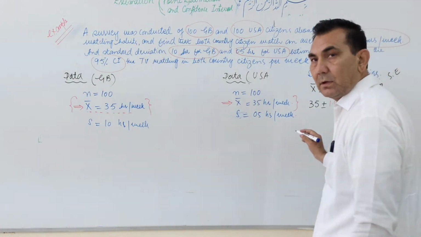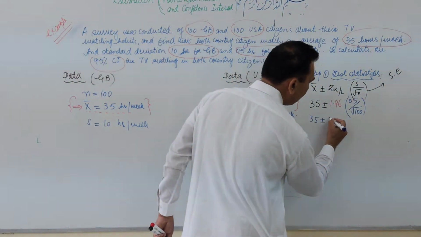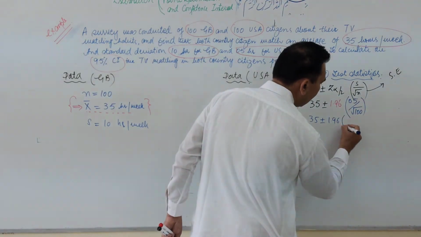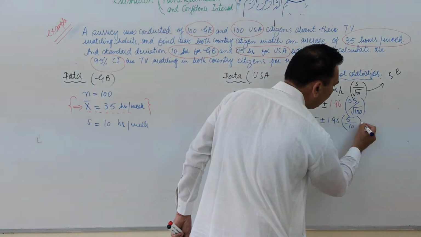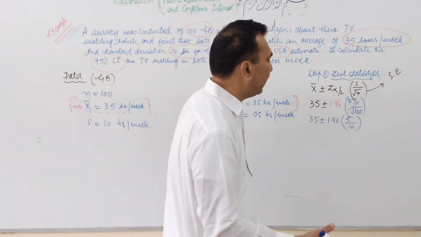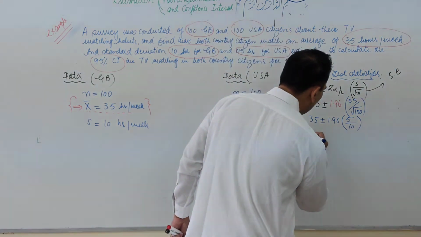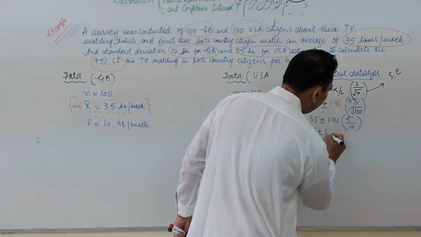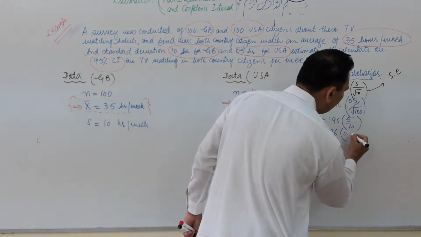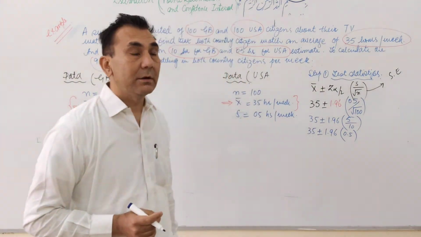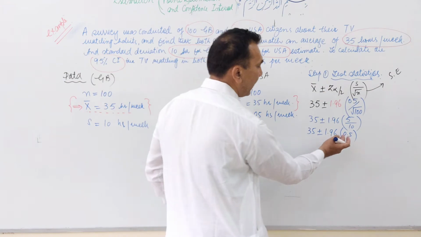So 35 plus minus 1.96, then 5 divided by the square root of 100, which is 10. If you divide 5 by 10, it comes to 0.5.